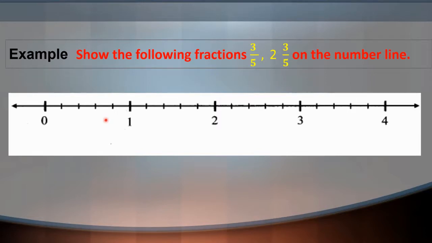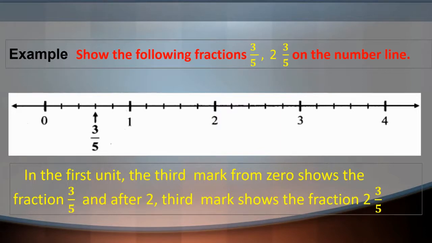So in the first unit, the third mark from 0 shows the fraction 3/5, and after 2, the third mark shows the fraction 2 and 3/5. So like this you will show the fractions on the number line.